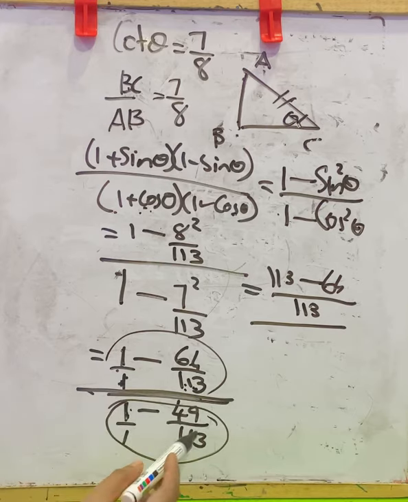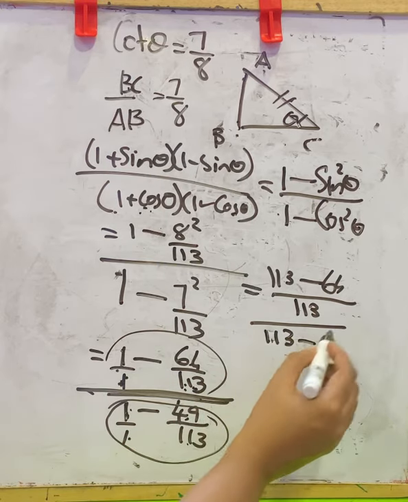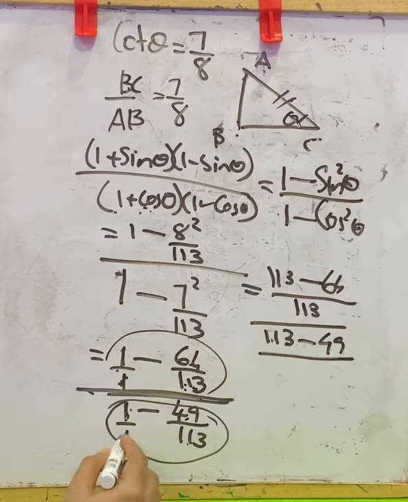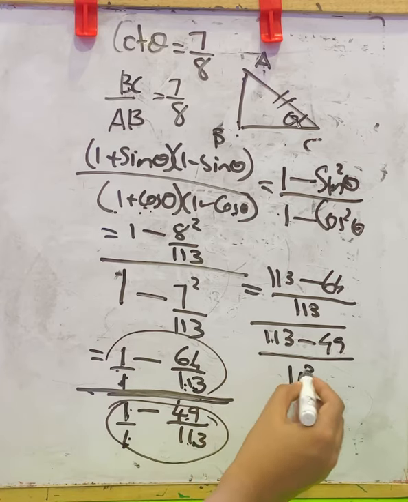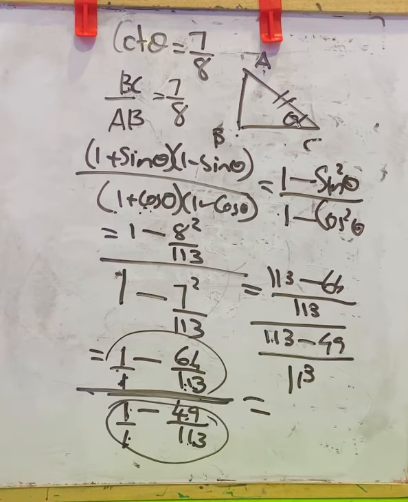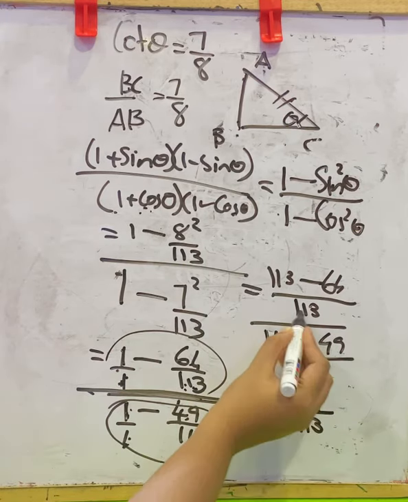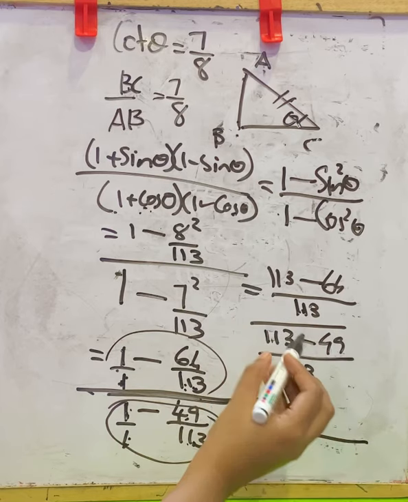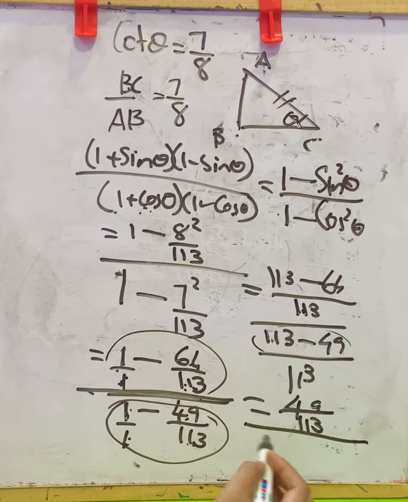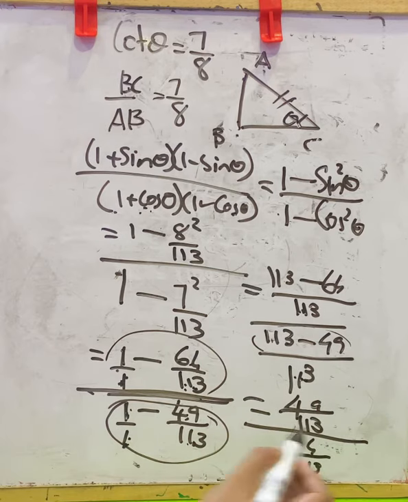So 1 into 113 is 113, cross multiplying, minus 49 into 1 is 49, by 1 into 113 is 113. Now this is equal to 113 minus 64 is 49 by 113, whole by, now 113 minus 49 is 64 by 113.